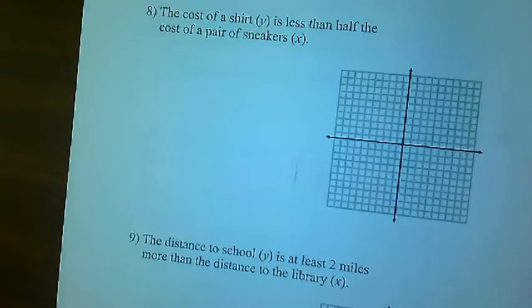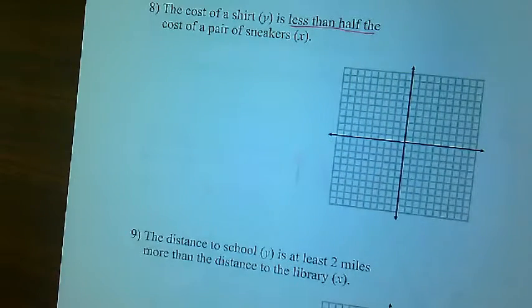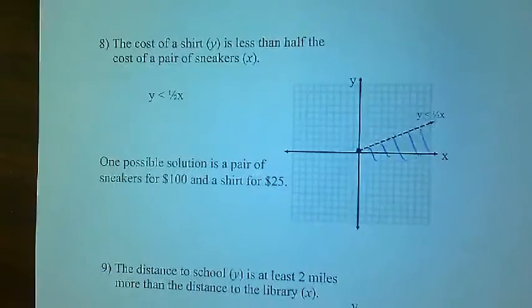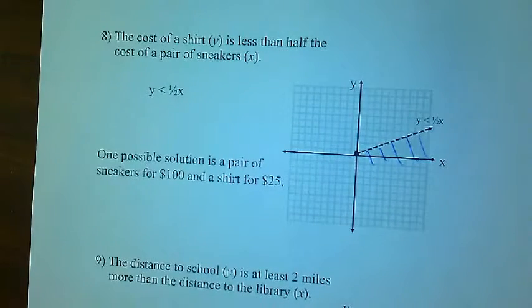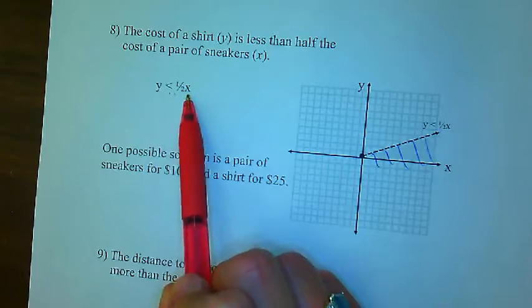So again, the cost of a shirt is less than half the cost of a pair of sneakers. Okay, so for that one, nice easy equation. So I get y is less than 1/2 x.